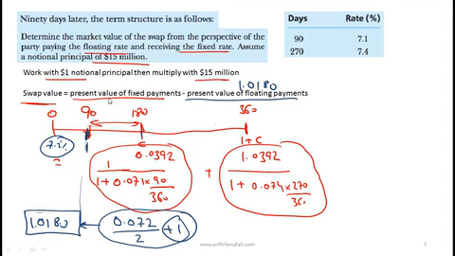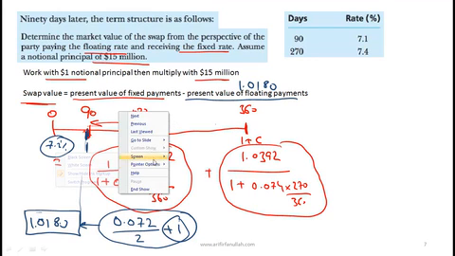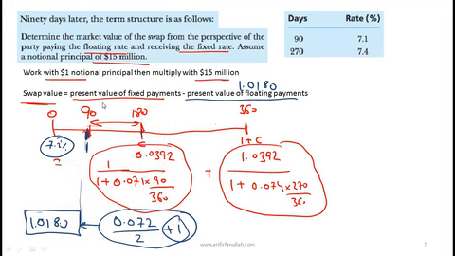The present value of the fixed payments, which I will go back to red, should be 1.0231. Okay, so what is the swap value? The swap value is the difference of these two, which is 0.0051. So this is the swap value for this position on $1 notional principal.